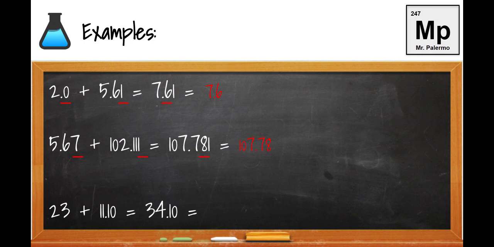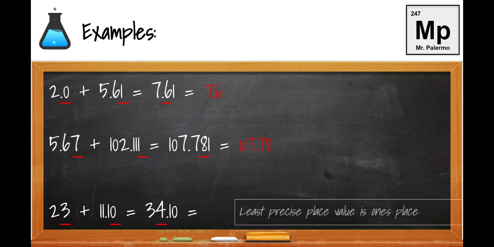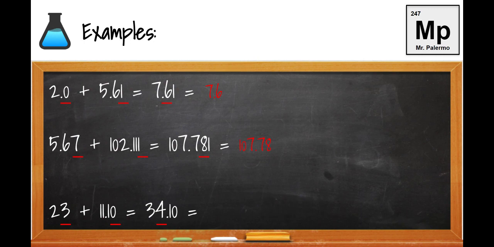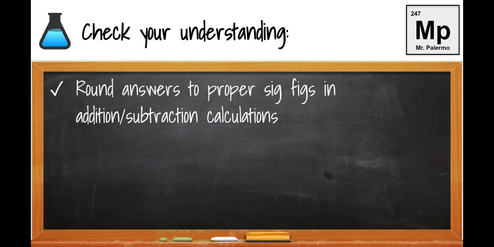And for my last one, 23, which has no numbers after the decimal, and 11.10, I get 34.10. But since I have no numbers after the decimal for 23, my least precise place is the ones place, and that means my answer needs to be rounded to 34. Okay? Subtraction would work exactly the same way.